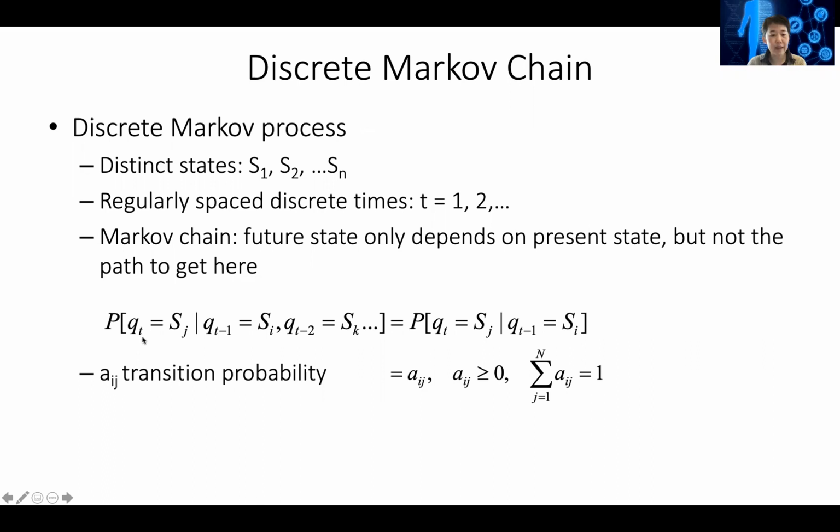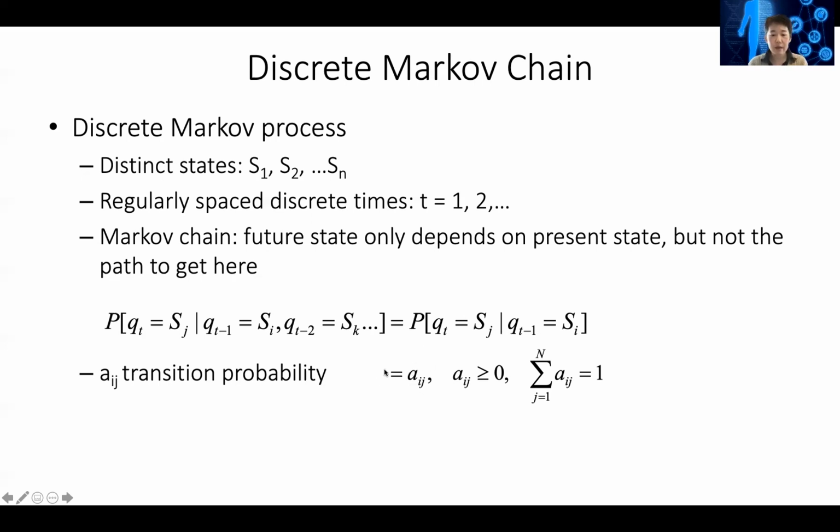So to write this in an equation, it means that the probability at time t that you will get to a particular state, knowing all the previous events, is only dependent on the t-1 event. And so the t-2, t-3, all the previous events don't matter, but the t-1 event has some influence on the current state.